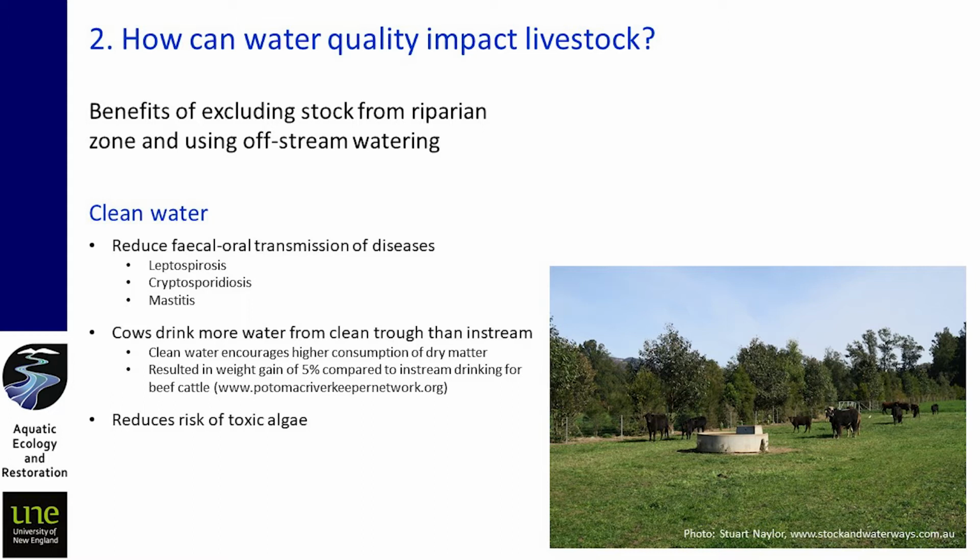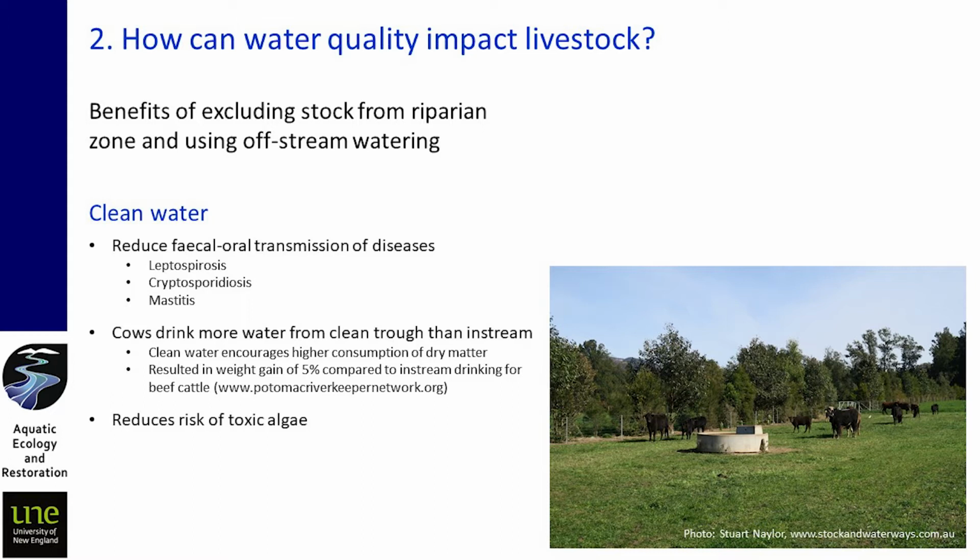So how does good water quality impact livestock? If we exclude stock from riparian zones and then use an off-stream watering system such as troughs where the water is pumped up from the river, then clean water and reducing that stock impact or access to their water supply reduces the fecal-oral transmission of diseases.